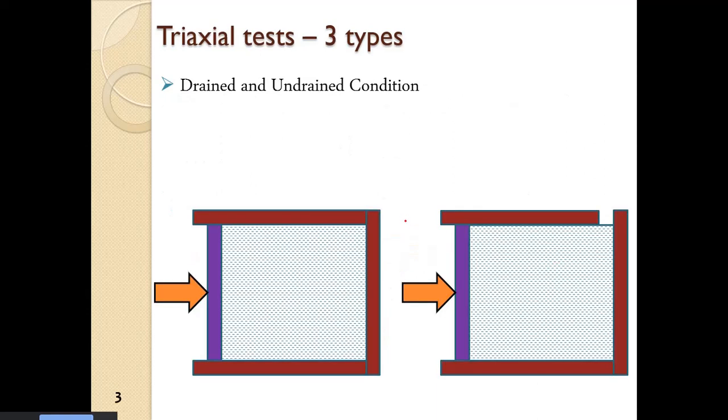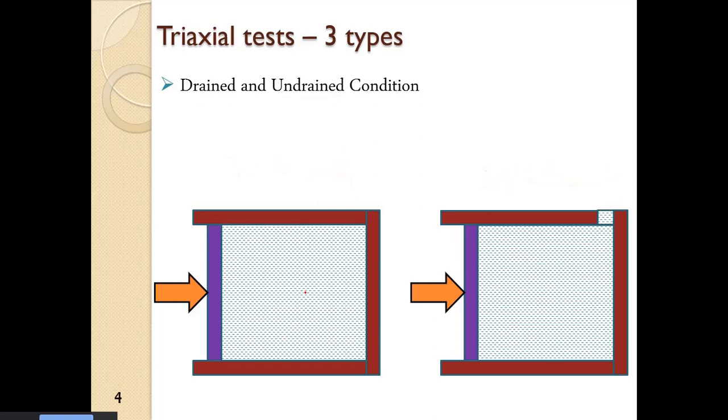Before going into that, we have discussed what the drained and undrained conditions are. In the drained condition, the drainage is open. In the undrained condition, no drainage is open, so there is no volume change. In the drained case, drainage is allowed.